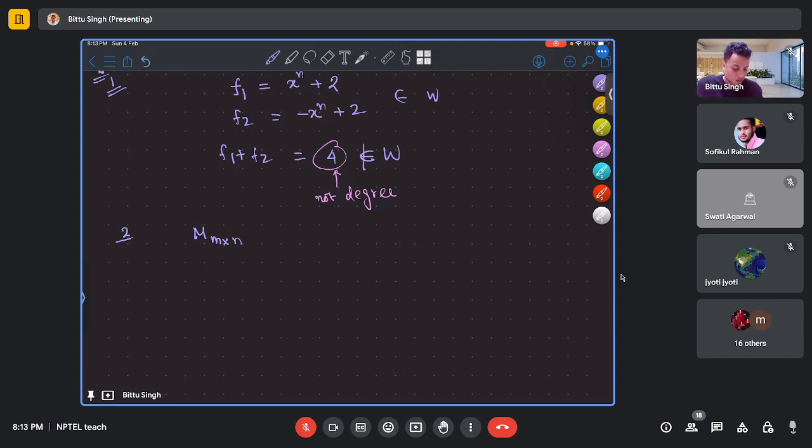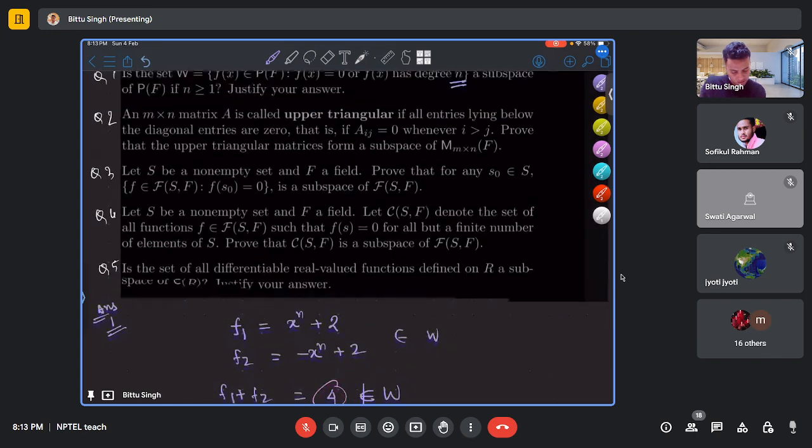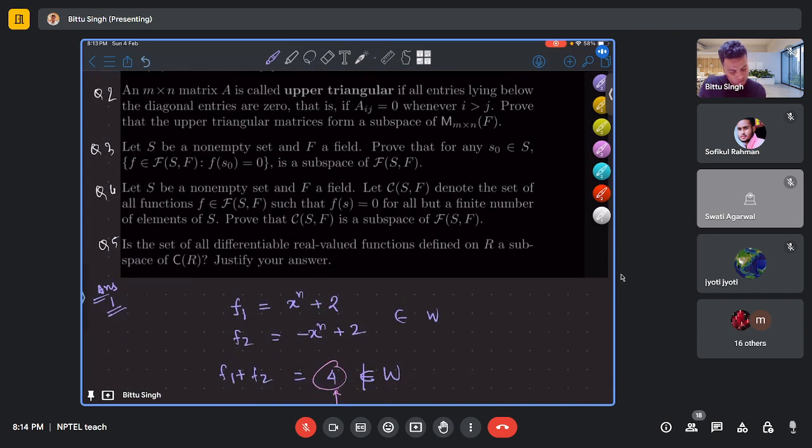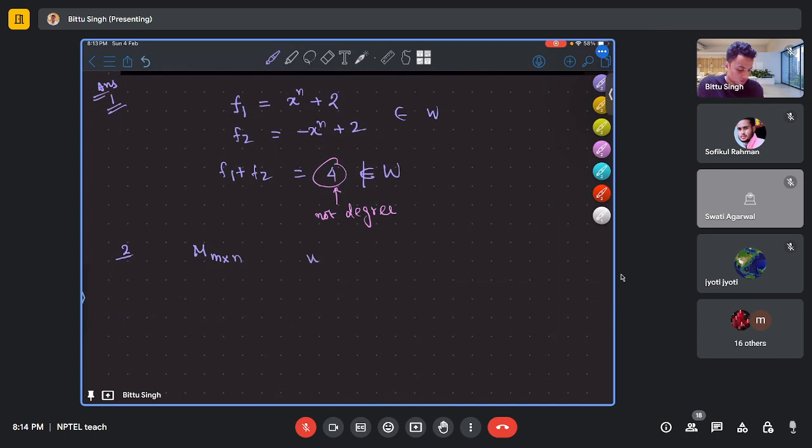But the question is about upper triangular matrices. Suppose W is the set of all upper triangular matrices. So is W a subspace of M cross N, that is, is W closed under addition and closed under multiplication? Is it true?